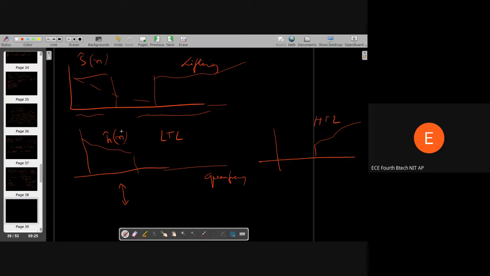So what is found is, if you take the first few components by low time liftering and then you do this inverse Fourier transform, then what you will get, this log e, is an estimate of the envelope basically.